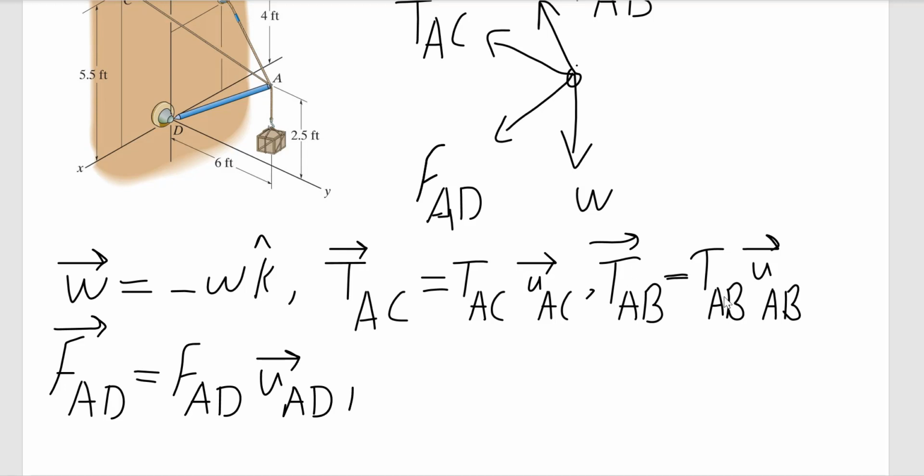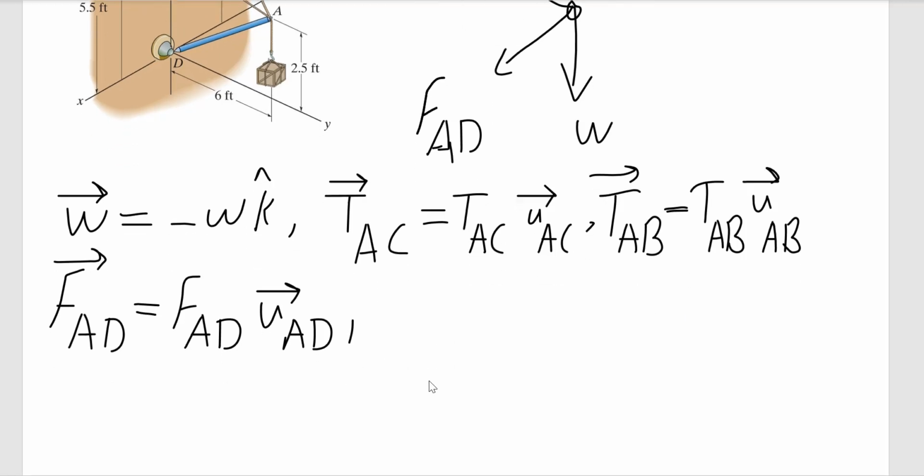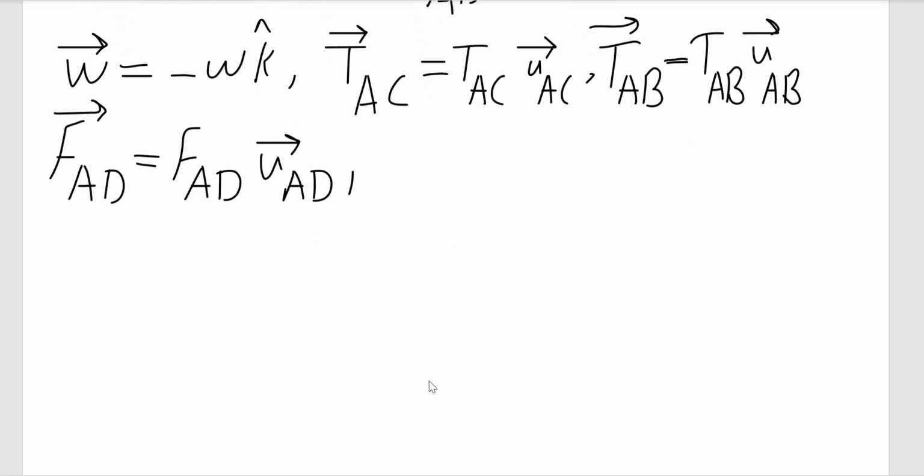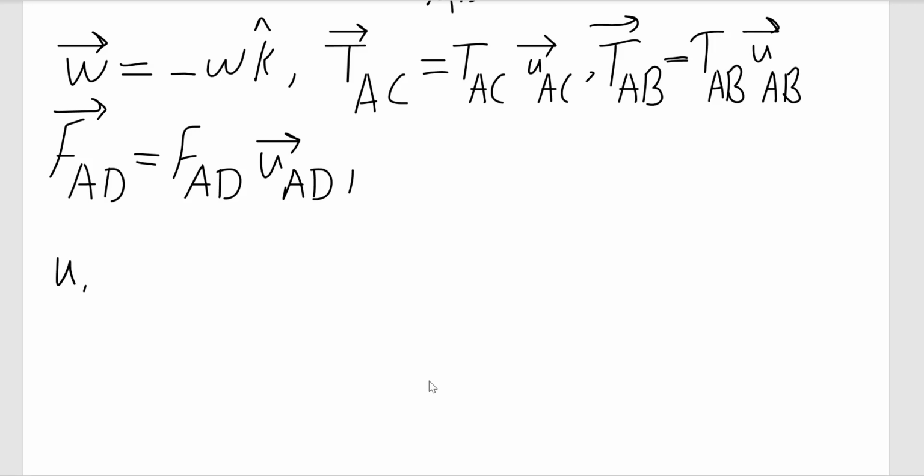So my first task is to find the unit vectors AC, AB, and AD. Let's start here. The unit vector is just the position vector divided by its magnitude.